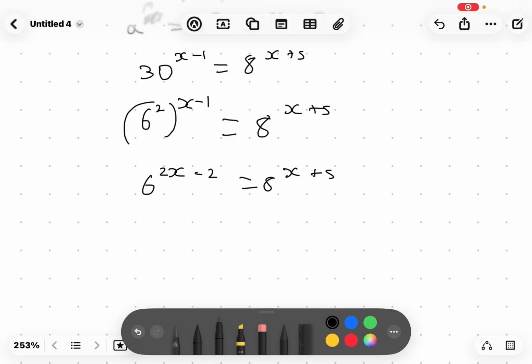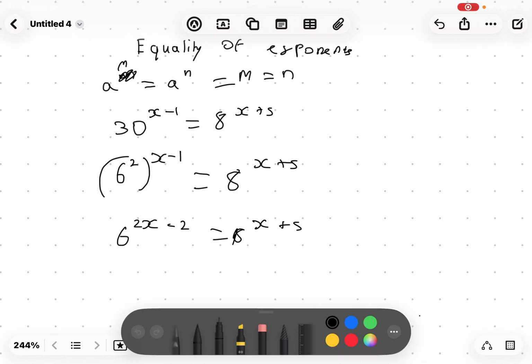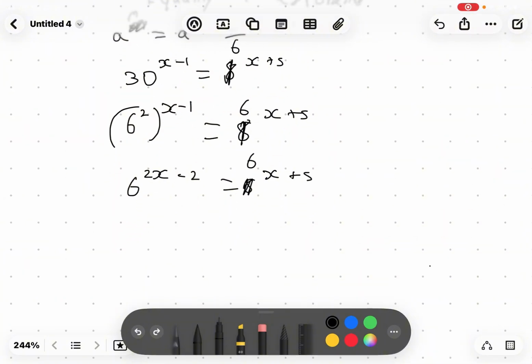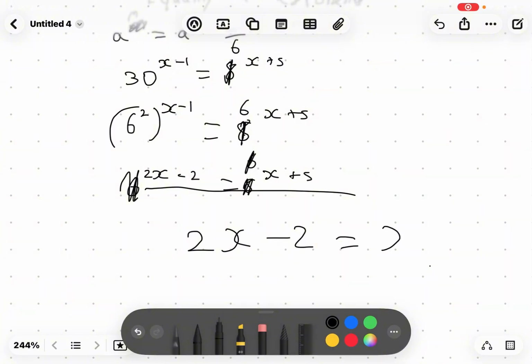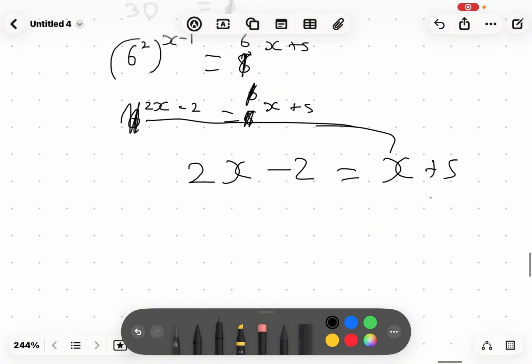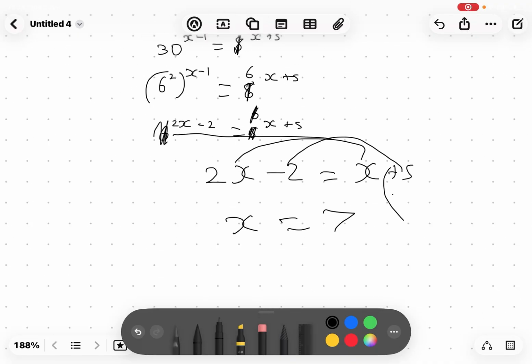Never mind, instead of an 8, it's supposed to be a 6. I'm sorry. Since now the bases are the same, we can just forget about the bases and have the exponents being equal. So it's basically like a normal moving question. So x on one side, x becomes negative, and then this here, so 7. So yeah, x equals 7.